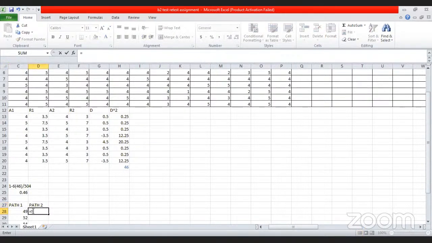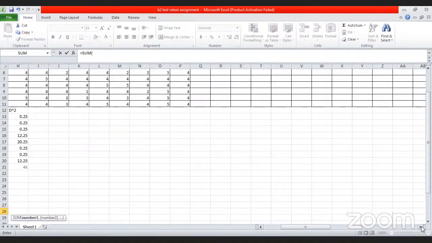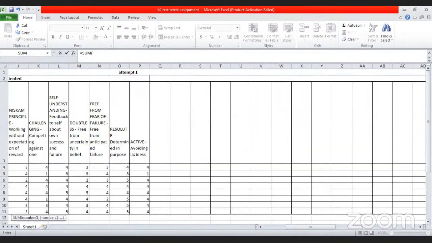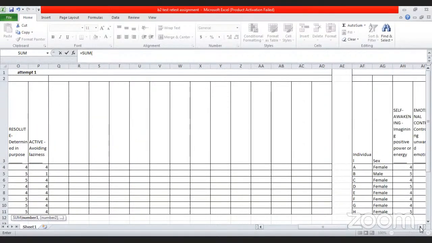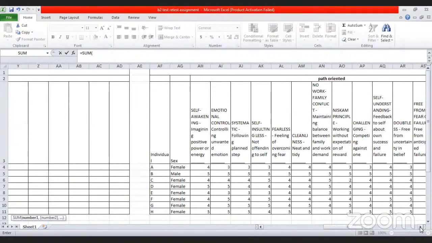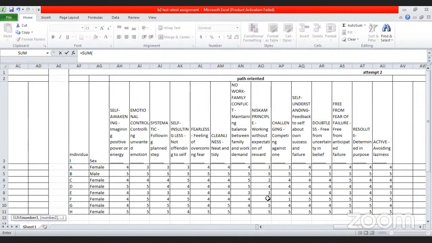Equal to sum. Now I have to select from this to this.